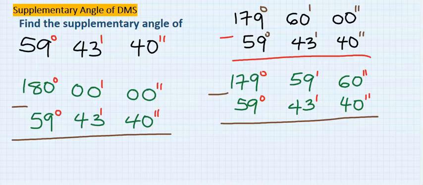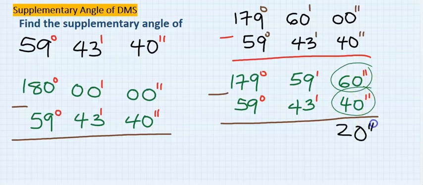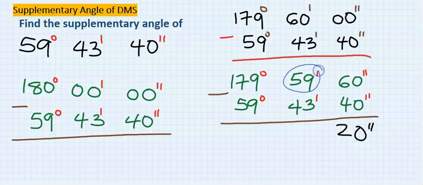Let's start with the seconds. 60 seconds minus 40 seconds. We have 20 seconds. Next, 59 minutes minus 43 minutes. We have 16 minutes.